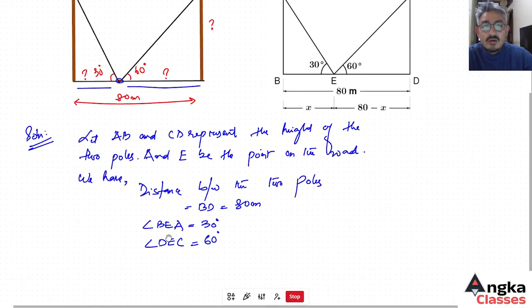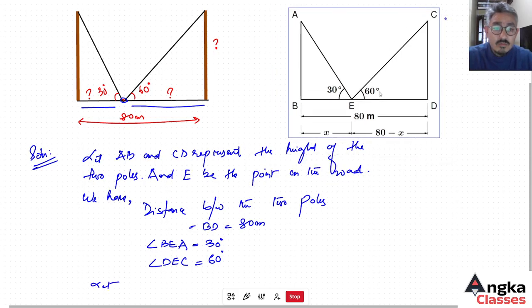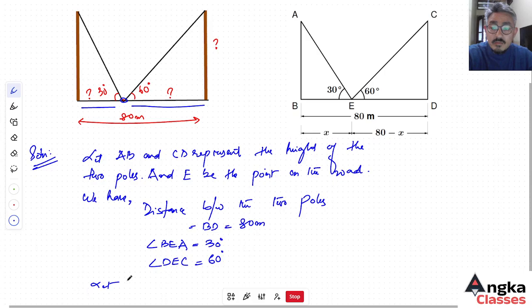Okay. Now, according to the statement, let BE is equal to X and lower.